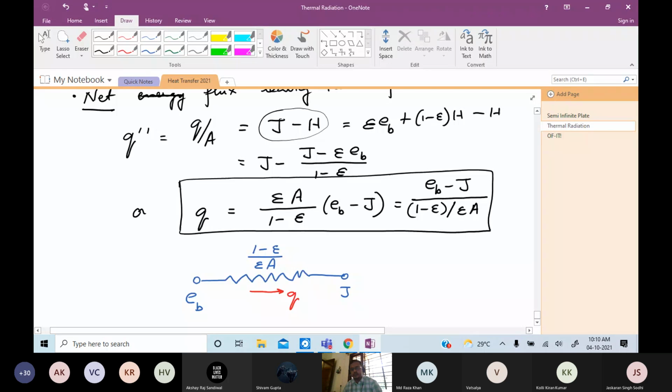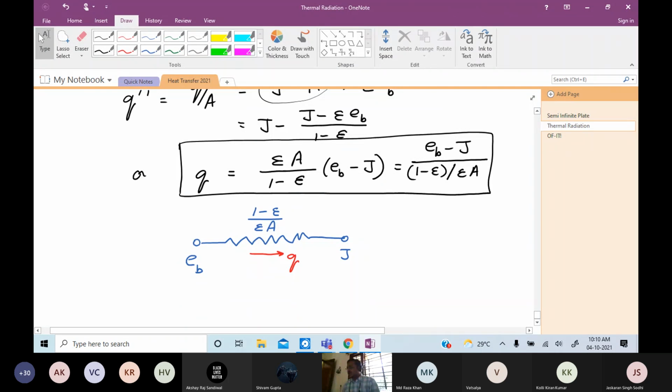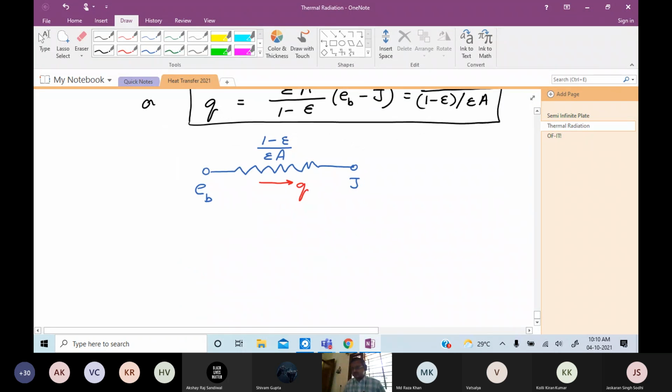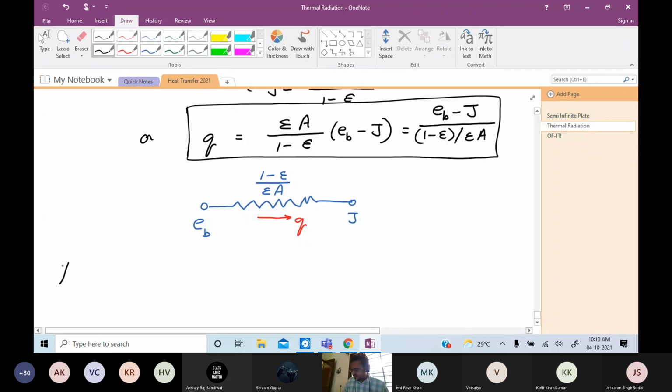So there is an interpretation of this. This network analysis was first proposed by somebody called Oppenheim, so it is also called Oppenheim's network analysis. But what is the interpretation?